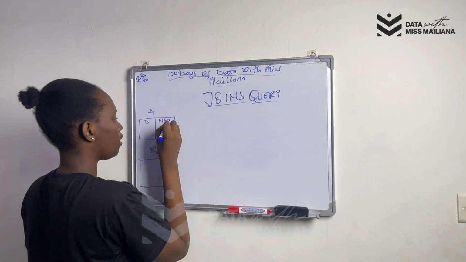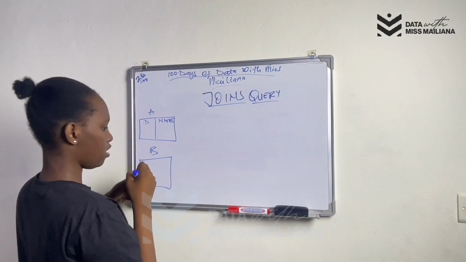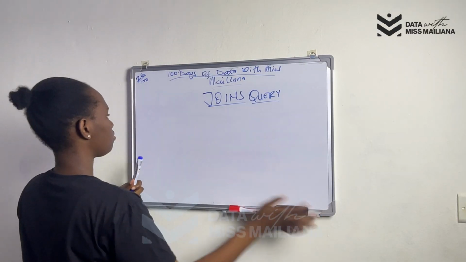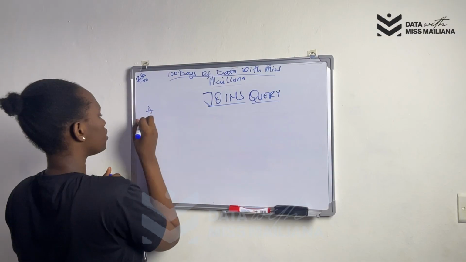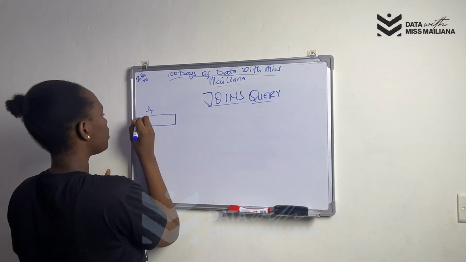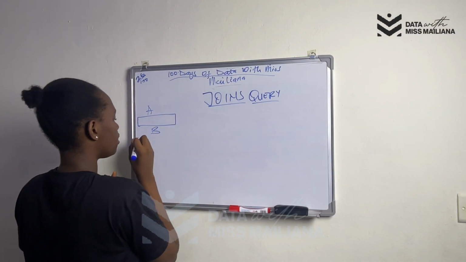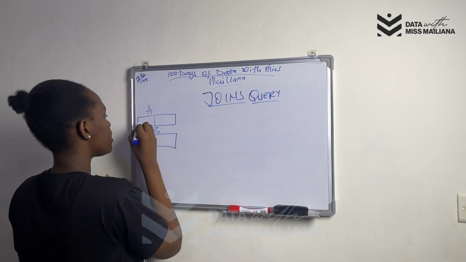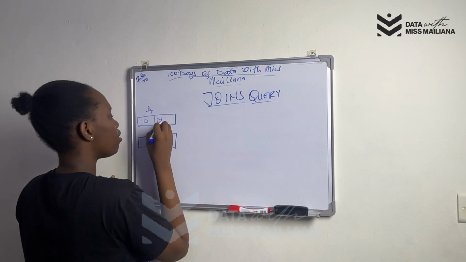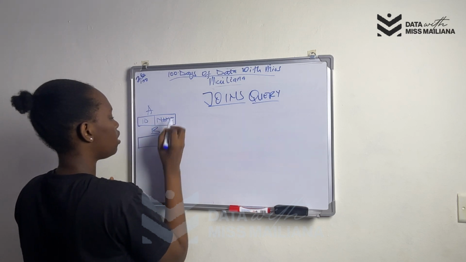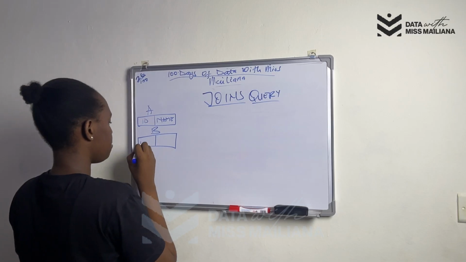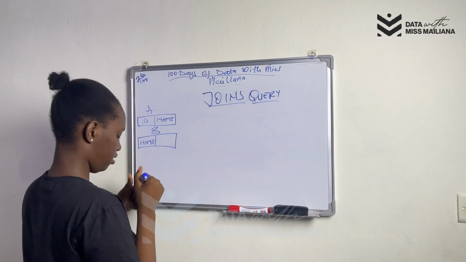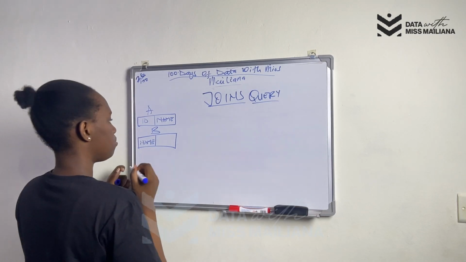Let's make it smaller. Table A has the ID and name of students, and table B has name and let's say toys.